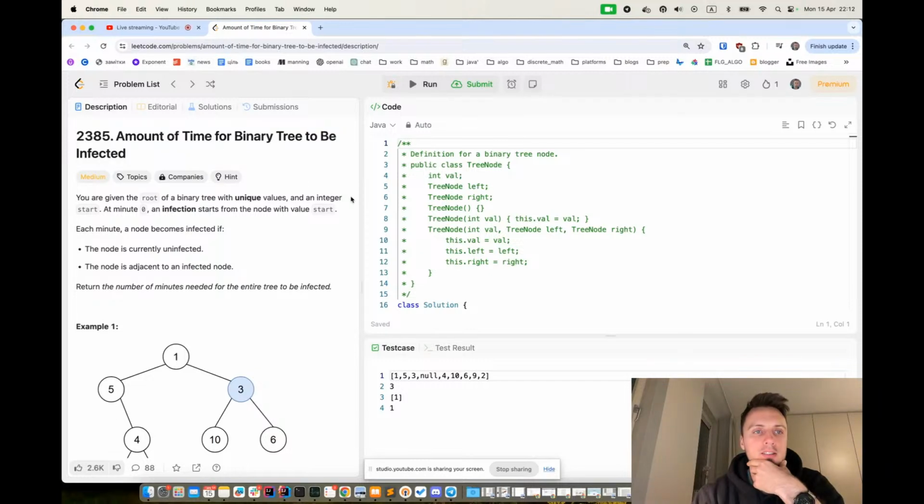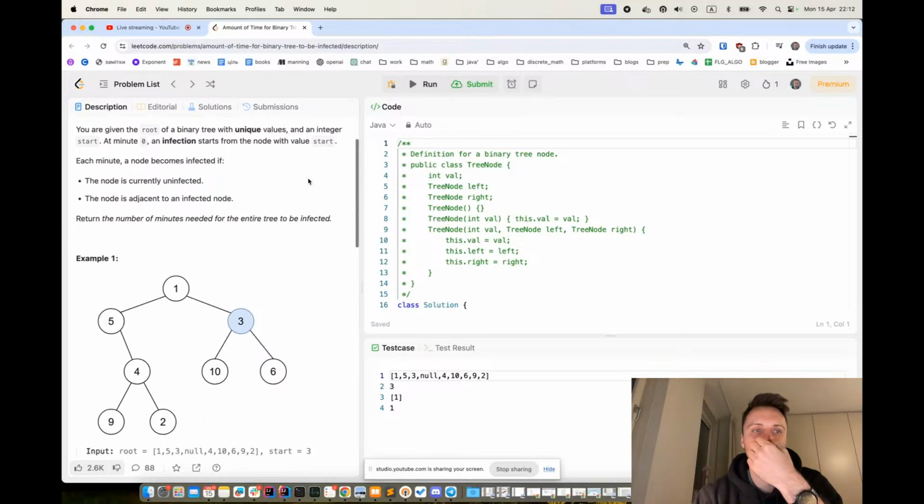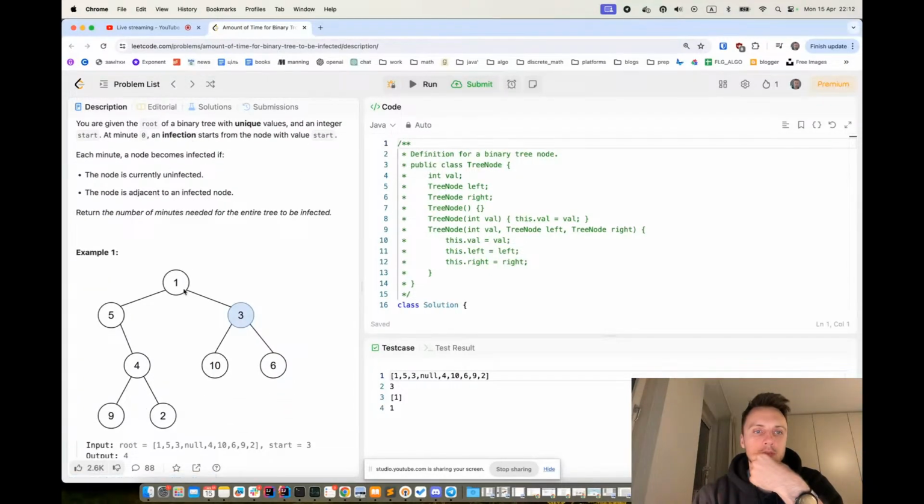Okay, so our next task is called amount of time for binary tree to be infected. You are given a root of binary tree with unique values and an integer start. At minute 0, an infection starts from the node with value start.